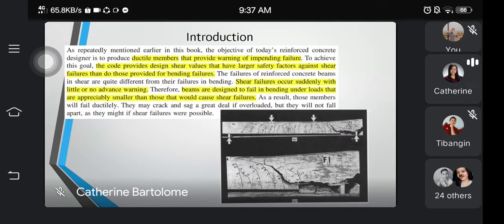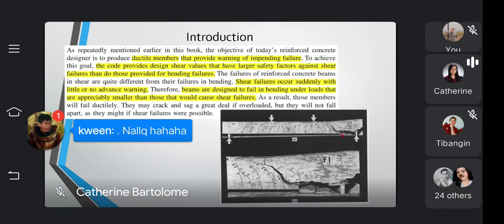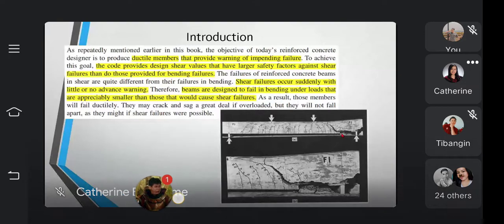Okay, so what can you notice in the figure at the bottom? Nabiyak. Okay, so can you interpret the cracks of the beam? What can you notice?